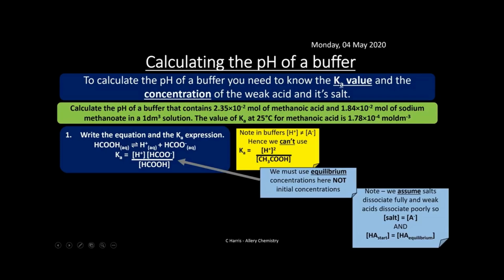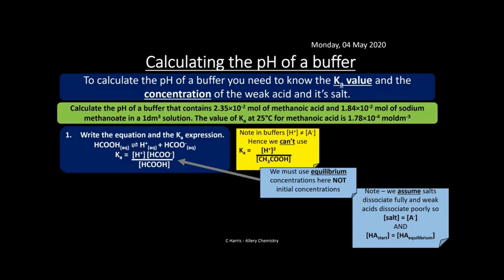And the concentration of the acid at the start, because it's a weak acid and dissociates poorly, equals the concentration at equilibrium. In other words, if the concentration of the weak acid was 1, let's say, right at the start of the reaction, even at equilibrium it'll still be about 1. It'll be a little bit different, but it doesn't really dissociate. So they're the assumptions, they're critical.